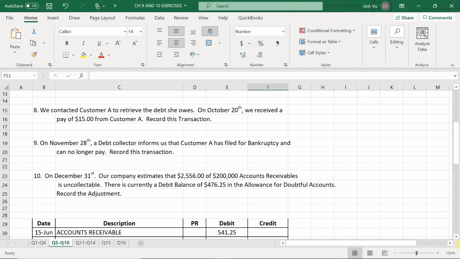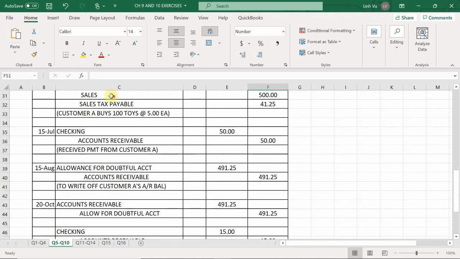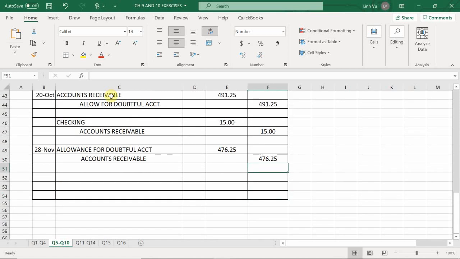So record this adjustment. Once again, this is the process of how you get a debit or a credit balance in your allowance for doubtful accounts. The last thing that we did was we debited the account for the $476.25. So this is where we're going to start writing it off.